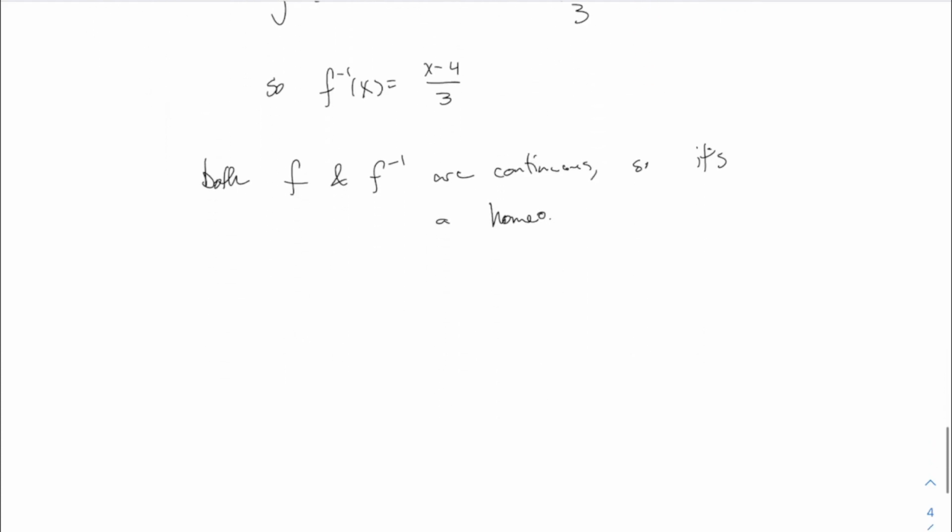But the two sets in this case, f as a function goes R to R. So what we've demonstrated is R is the same as R, which is not really a very interesting fact. But there is a homeomorphism R to R. So R is homeomorphic to R, which I already knew, but this is a simple example, not terribly interesting.